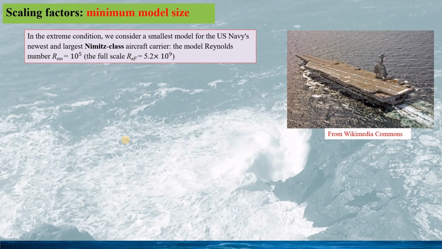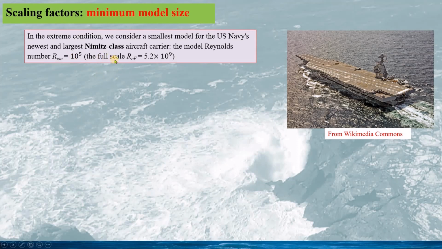Now in this slide, we are looking at what could be the minimum model size. Take the USS aircraft carrier as an example. From the recommendation for the model Reynolds number, Re_m equals 100,000.